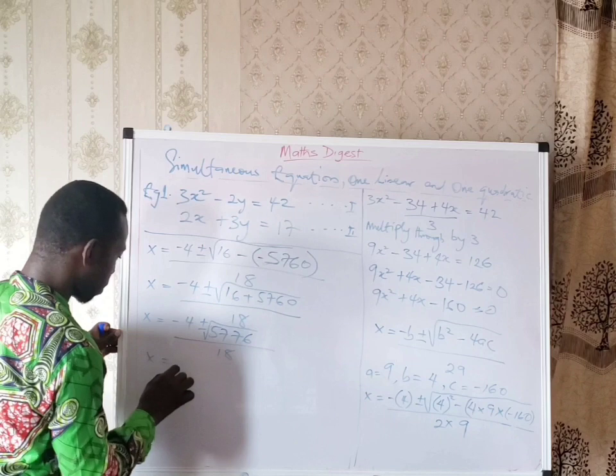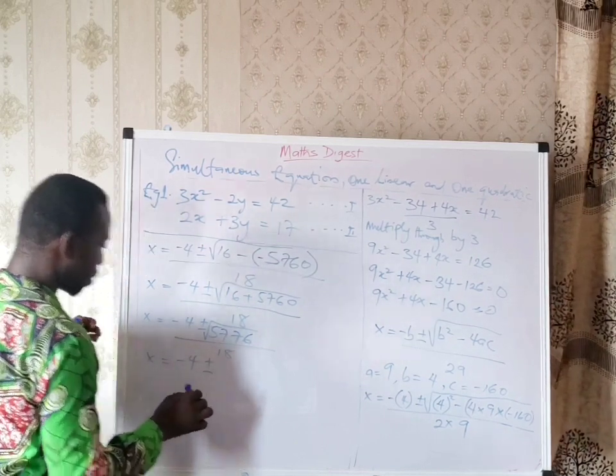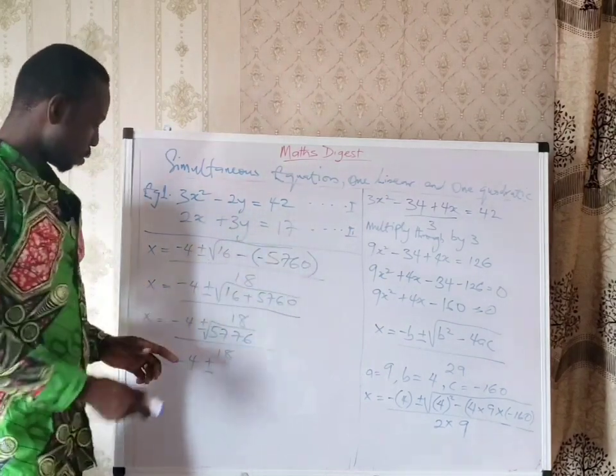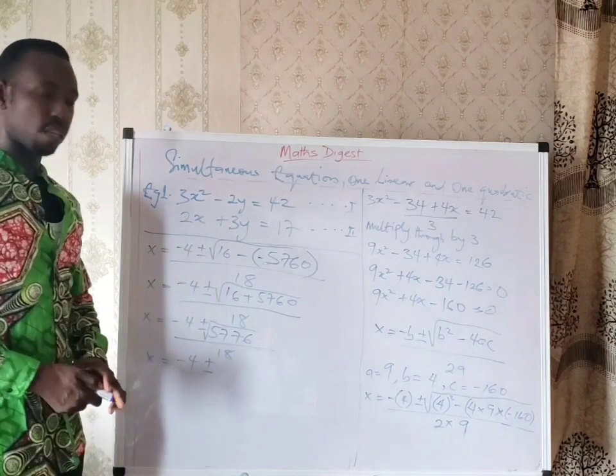X is equal to minus 4 plus or minus, all right, get the square root of 5776 quickly.